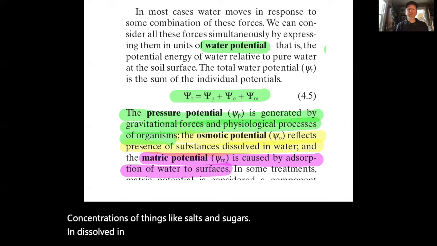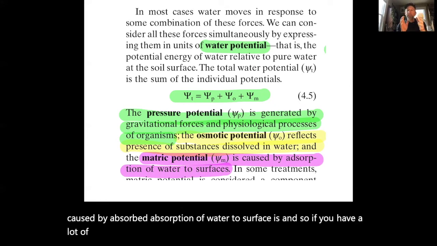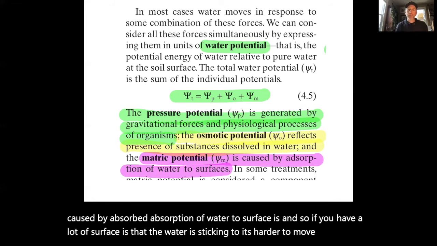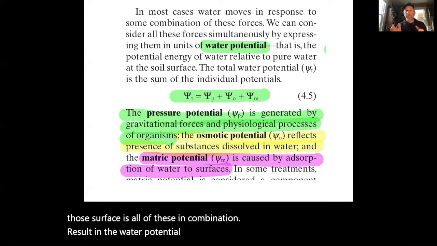And then there's a matrix potential, which is caused by absorption of water to surfaces. And so if you have a lot of surfaces that the water is sticking to, it's harder to move water past those surfaces. All of these in combination result in the water potential that drives water movement in plants.